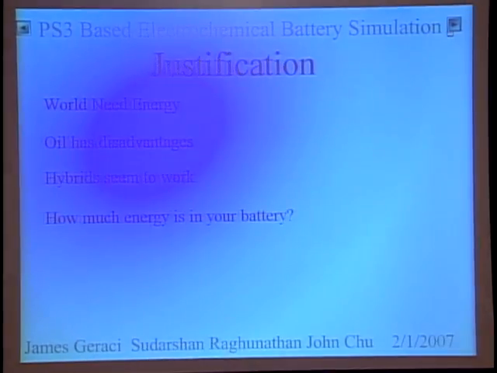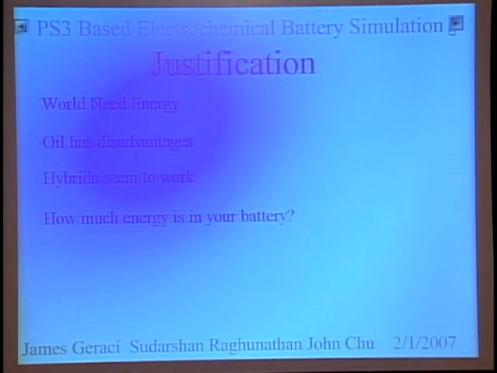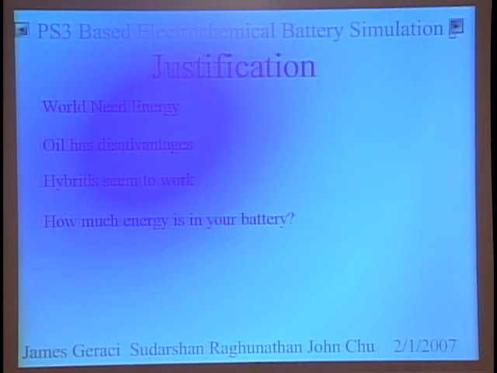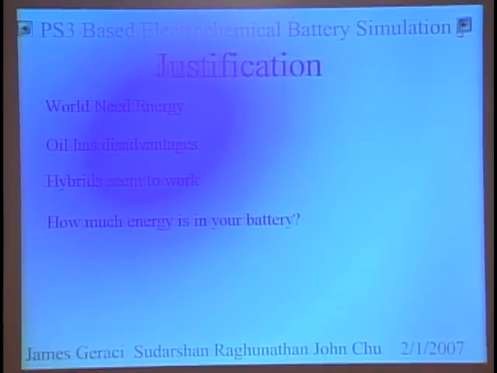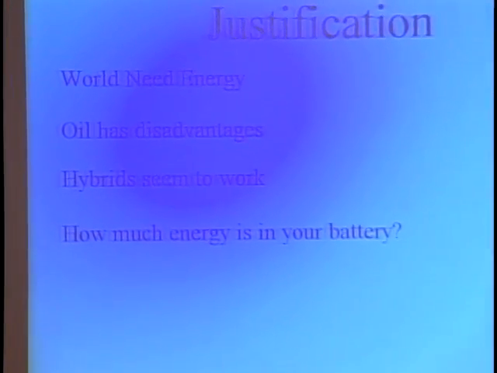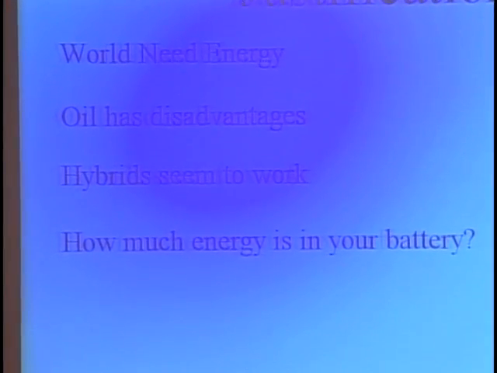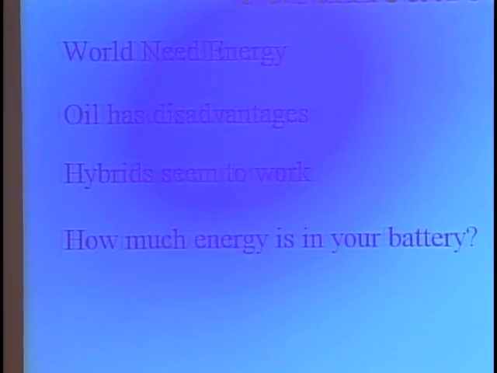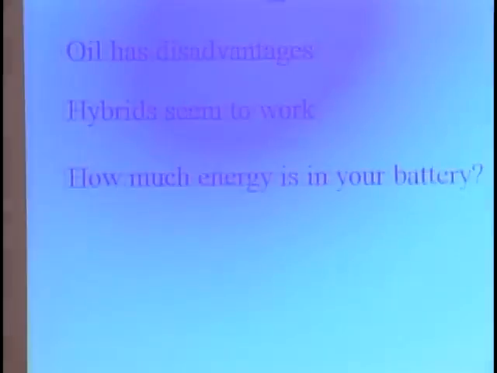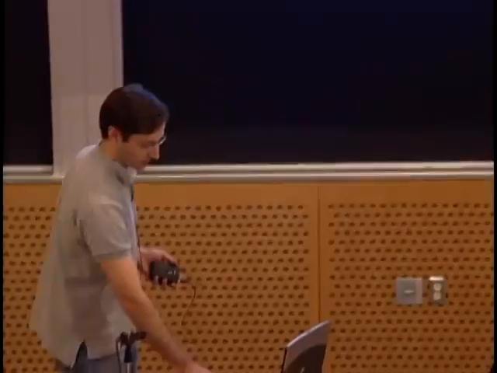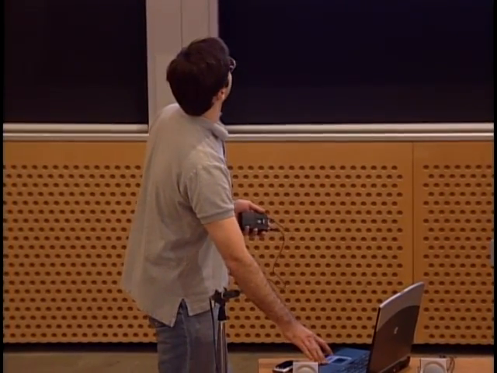The more sophisticated a battery model we can put in a hybrid, the better off we're going to be. A more sophisticated model requires more computation, so you're looking at having a large superscalar processor in your car, or you could see if you could get a lot of small processors to do the same amount of work. And the Cell represents the first opportunity to test that out.